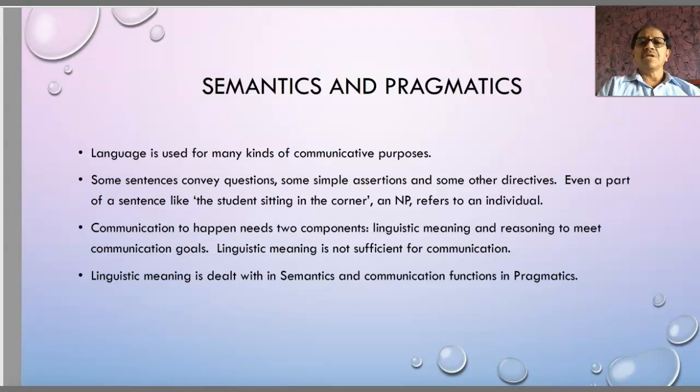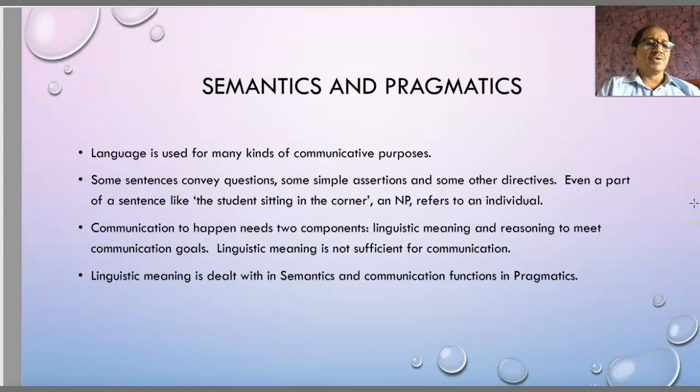And if you are looking at communication, it needs two components. One is a linguistic component, another is reasoning to meet the communicative purposes or communicative goals. Linguistic meaning is not sufficient for communication.